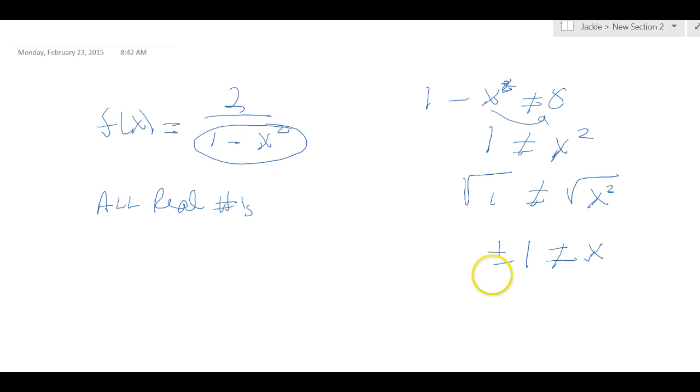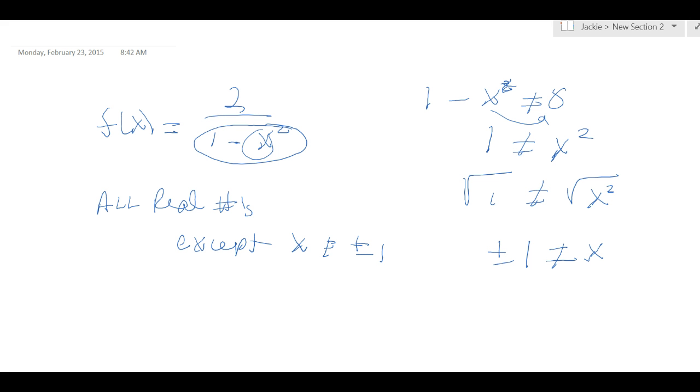So the bottom cannot equal 0, so it's all real numbers except x cannot be positive or negative 1. If I put 1 into my x, 1 squared is 1, and 1 minus 1 is 0. If I put negative 1 in there, I get 1, and 1 minus 1 is 0.